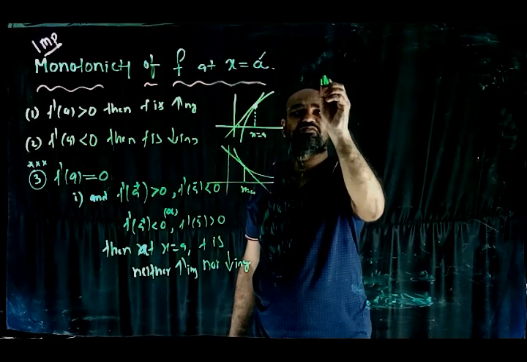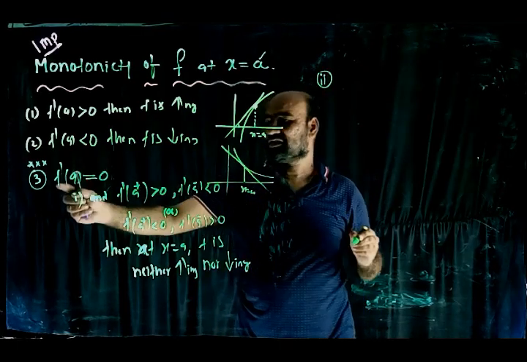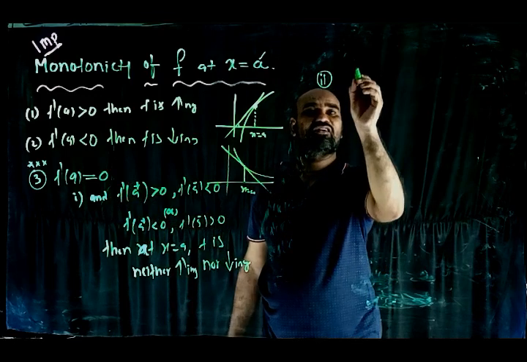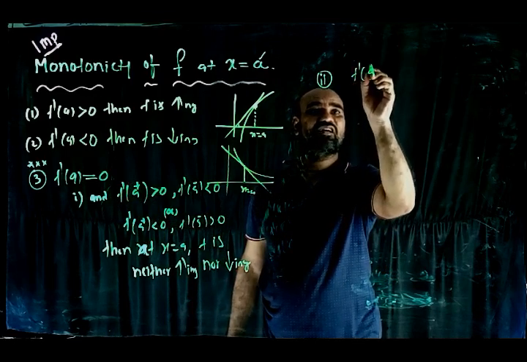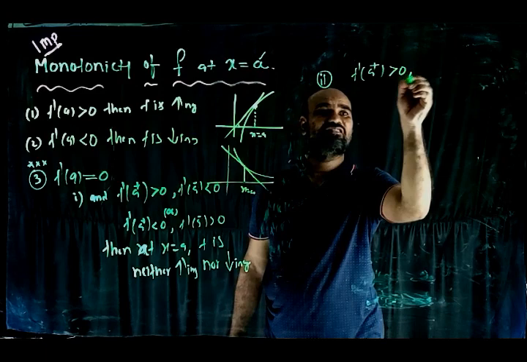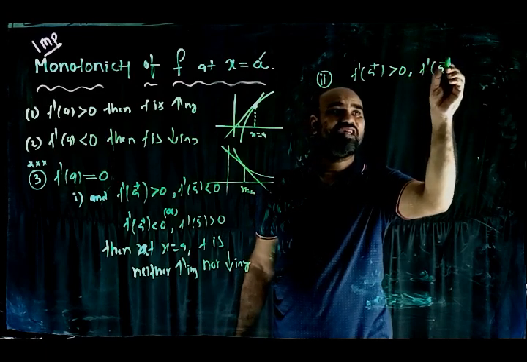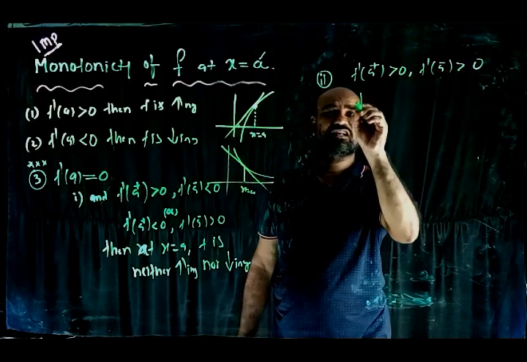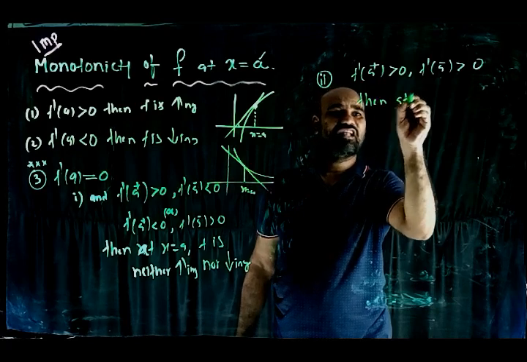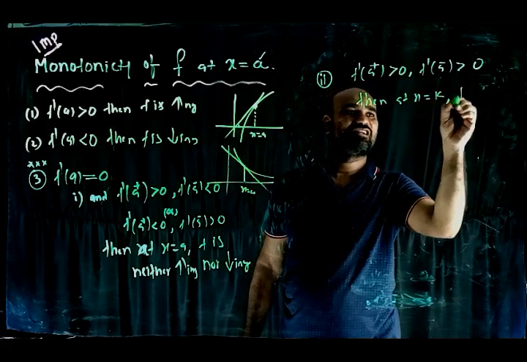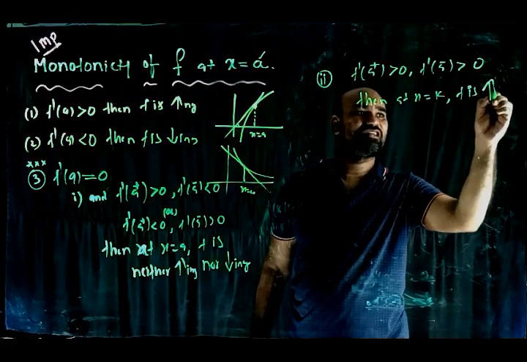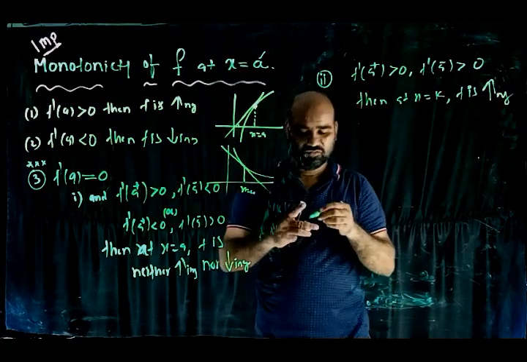But two cases. f dash of a equal to 0 and f dash of a plus greater than 0, f dash of a minus also greater than 0, then at x equal to k, f is increasing. Okay.